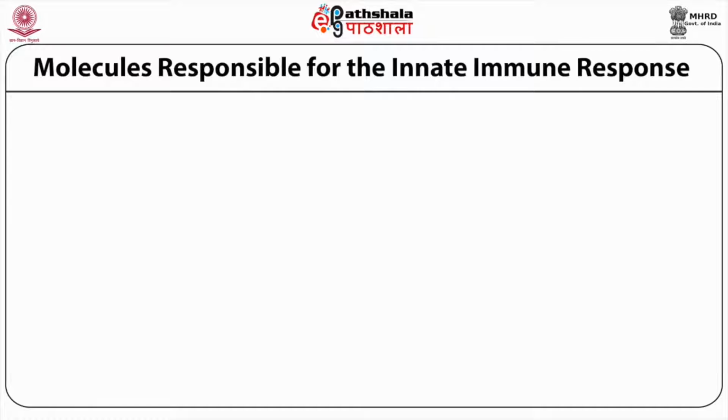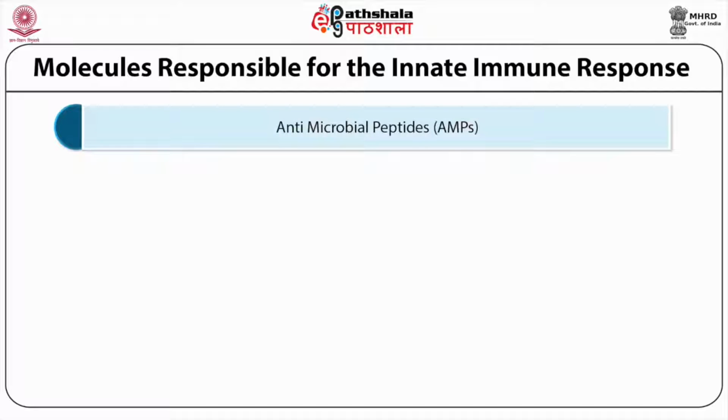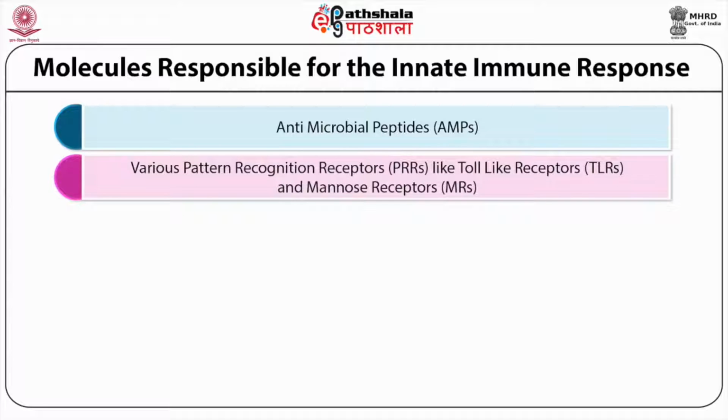Let us now look at the molecules responsible for the innate immune response. These are the so-called soluble factors which we talked about. Several classes of molecules participate in the innate immune response. These are antimicrobial peptides, which are abbreviated as AMPs, various pattern recognition receptors.